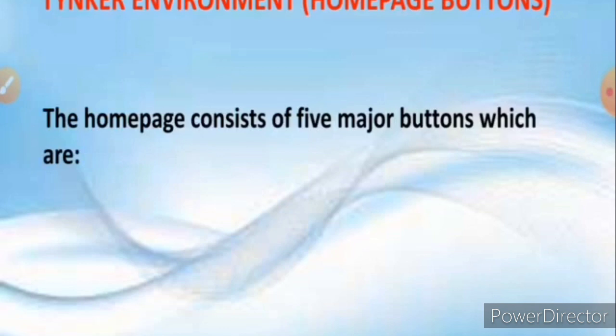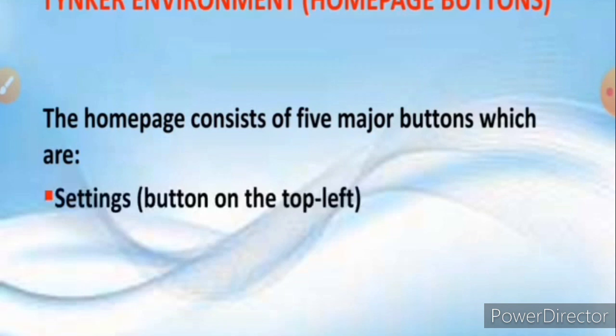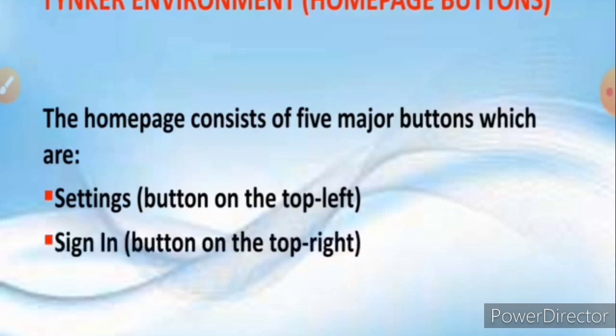The home page consists of 5 major buttons, which are the settings button on the top left corner of the home page, the sign in button located at the top right corner of the home page, and the project button, the workshop button, and the community button. These are the 5 buttons in the Tynker homepage environment.